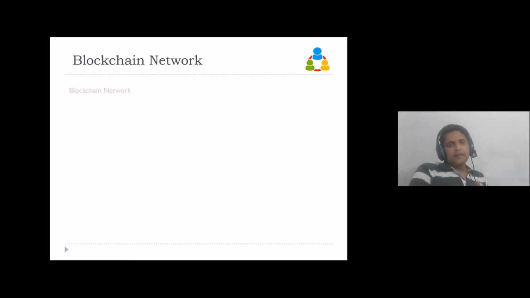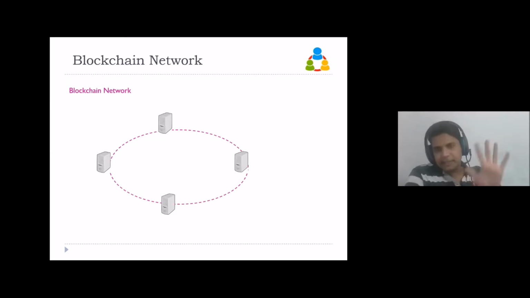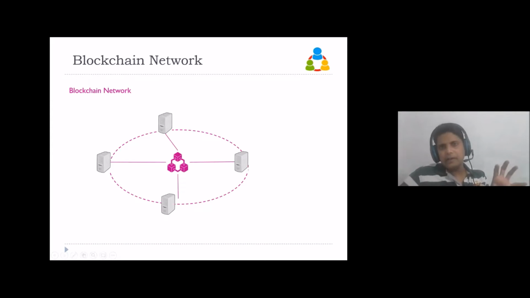When I say blockchain network, I will show how a blockchain network looks in a very small format. There are 4 computers in this diagram, and they're all connected to each other through a blockchain network.